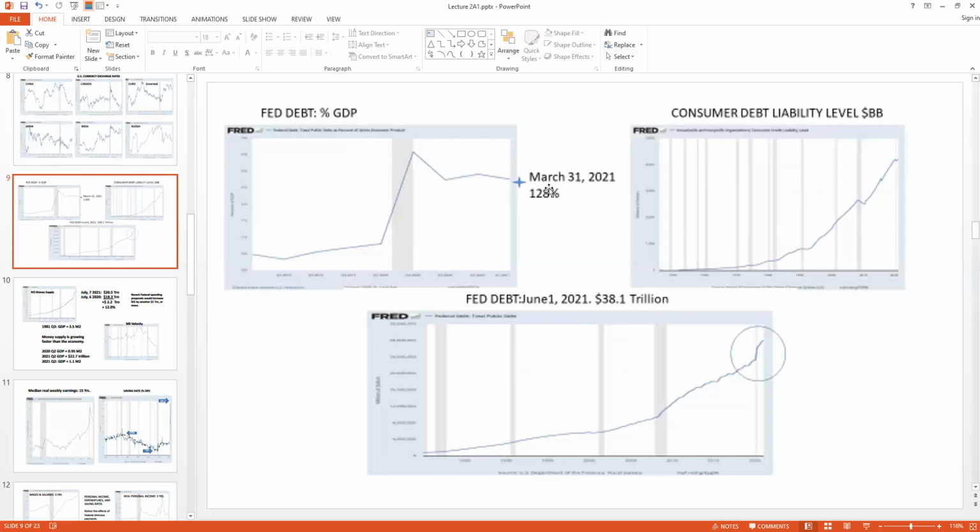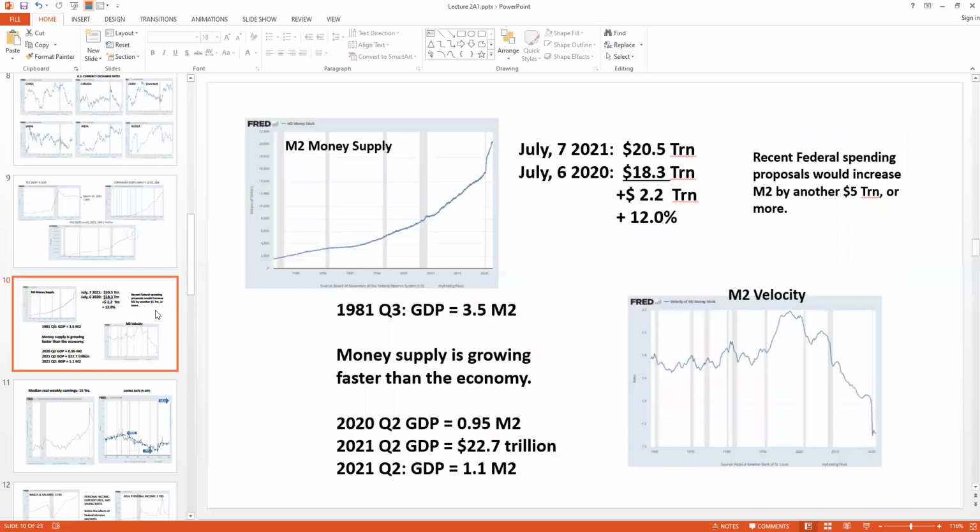And the question is, at what point does the US economy become unable to support that debt? And at what point does that debt create such inflation that price increases in the United States become unaffordable and out of control?